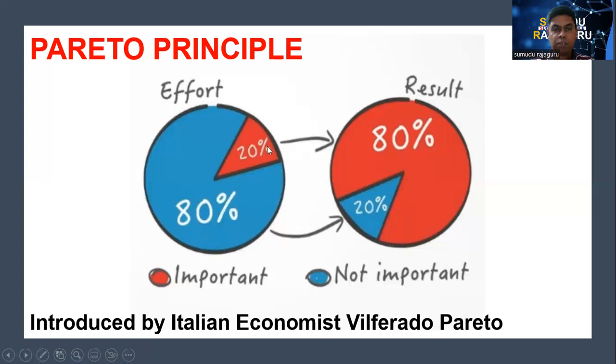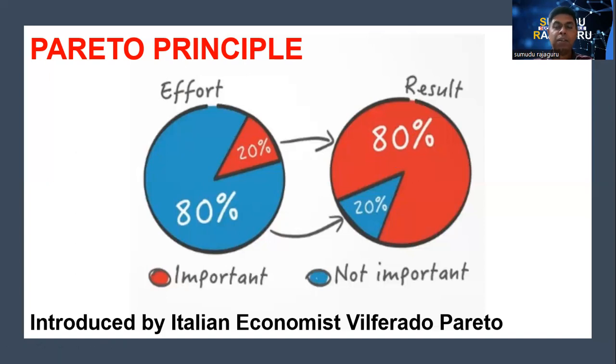When you see this picture, you can see that 20% of effort, important effort, will create 80% of results. When we consider the other way, 80% of not important effort creates only 20% of results.